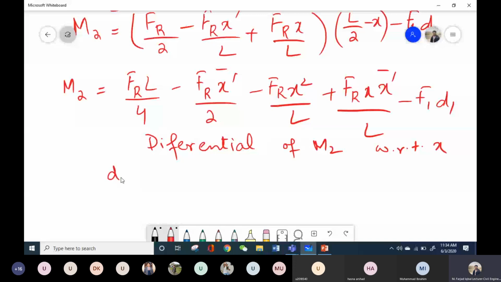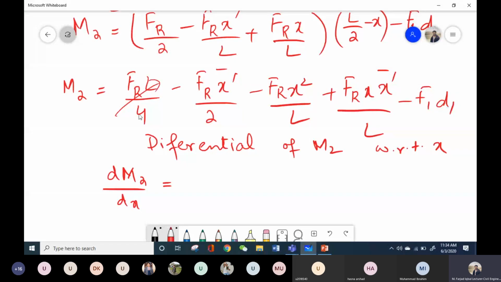We have assumed that condition, and now we can apply it. We will take the differential of this equation with respect to x, and then we are going to get the maximum value of the moment.